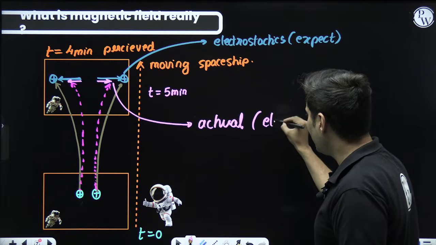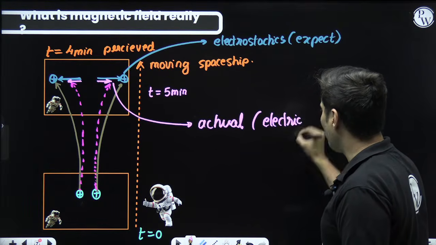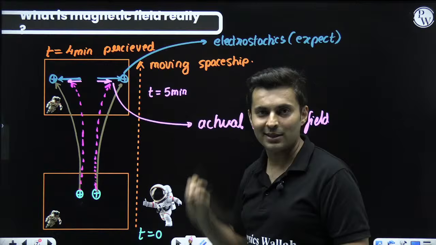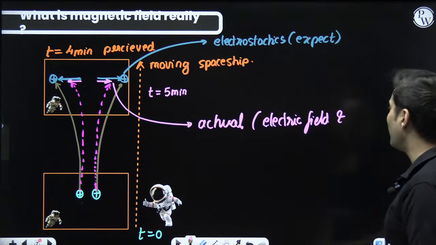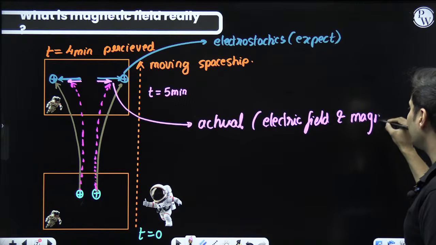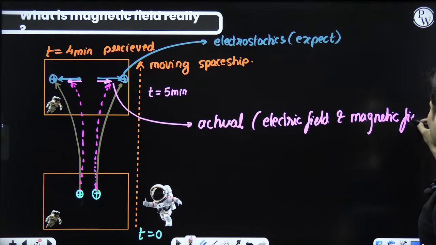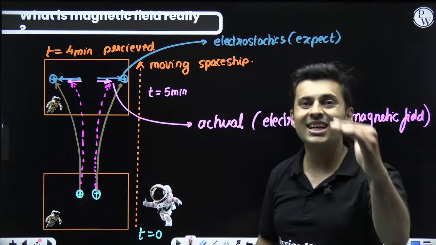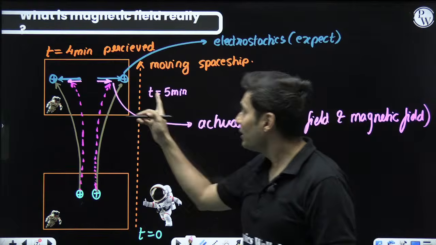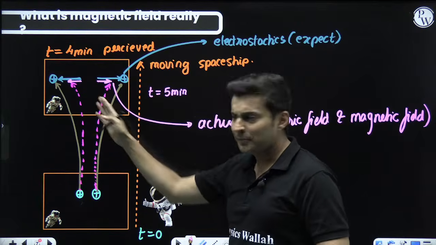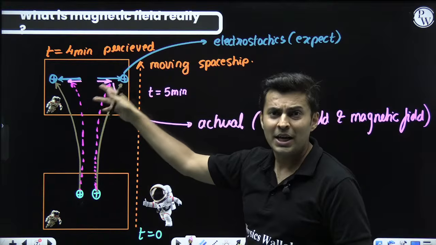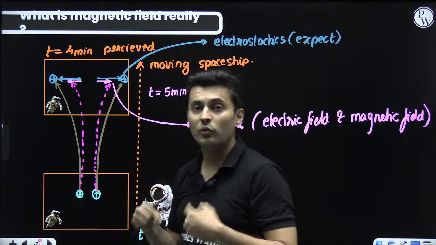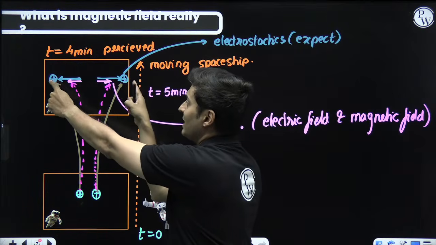So there must be something apart from electrostatics or electric field which is causing that difference. That difference is attributed to the magnetic field. We attribute it as magnetic field, but actually there is nothing like magnetic field. It is just that time slowed down, and that is why the lengths have contracted and all of that. So the observer outside feels the charges would be here, whereas the expectation is here.